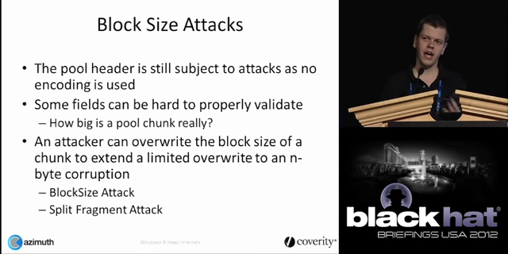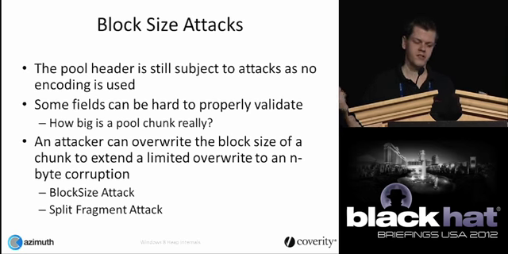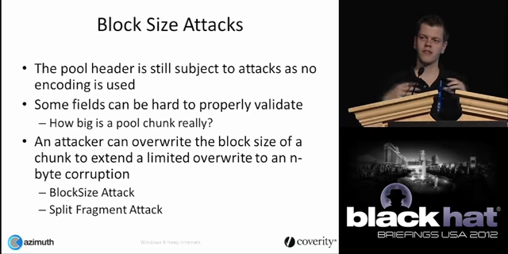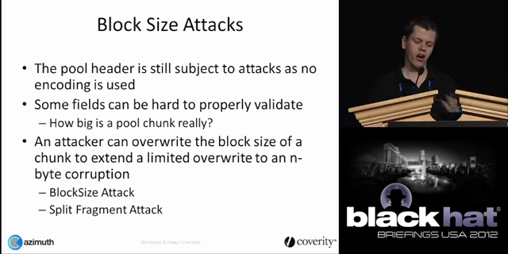Because of the lack of dependencies in block size values, the only way the allocator can determine whether a block size is the actual size is by looking at surrounding chunks. And if those checks of looking at surrounding chunks are bypassed, then it could potentially extend a limited corruption into an arbitrary corruption, so to speak.